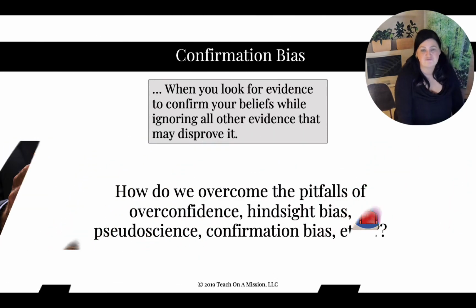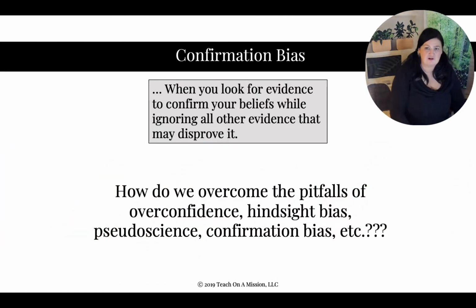Next up is confirmation bias. Confirmation bias is a little bit different from hindsight bias. In science, this is when you perform an experiment and you look for evidence in order to confirm your own beliefs or what you want to believe your research is going to prove, while you ignore all the other evidence that may disprove it.